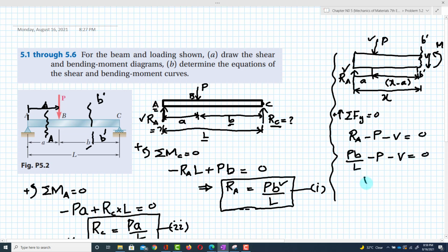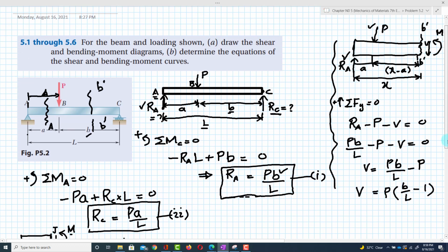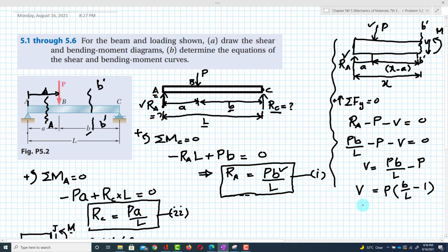Now V will become equal to PB over L minus P, and if you take P as common, that will be equal to P into (B over L minus 1). This will become the shear force equation. Again, V is equal to P into, taking LCM L, (B minus L) over L. Clear?